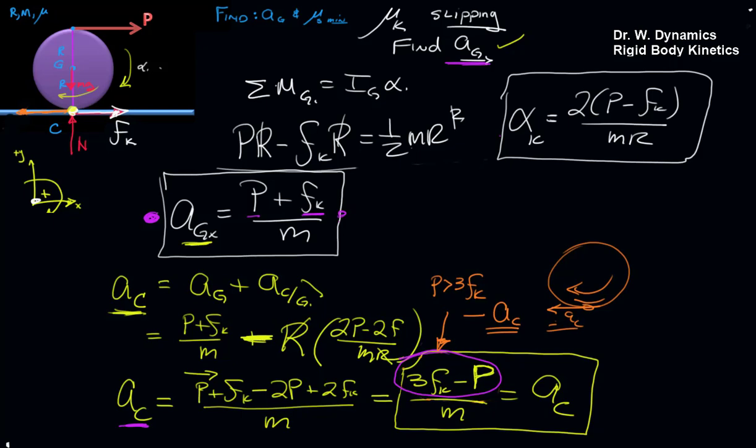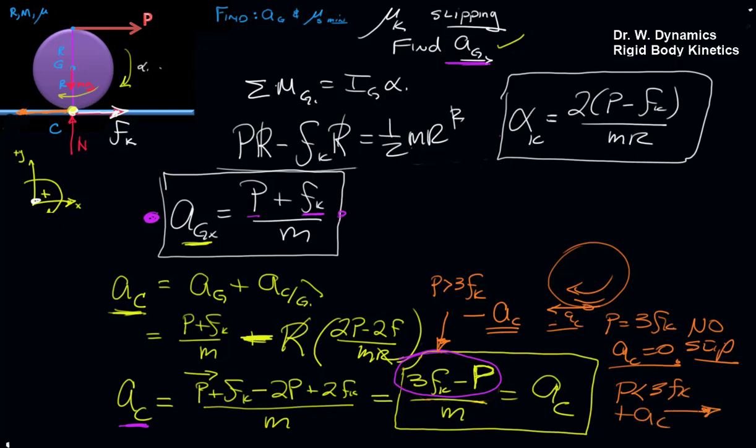But what's interesting is, what if P were equal to 3Fk? That tells us that a sub c would be 0, which means it's not slipping. And what if P were less than 3Fk? That would imply a positive a sub c, and that it switches around and goes in the forward direction, which is not possible, so we know that can't happen.